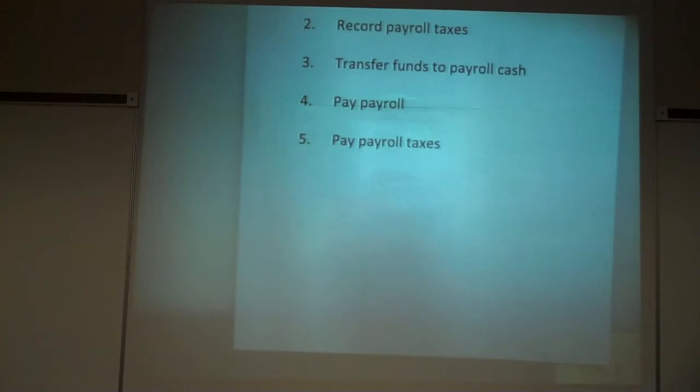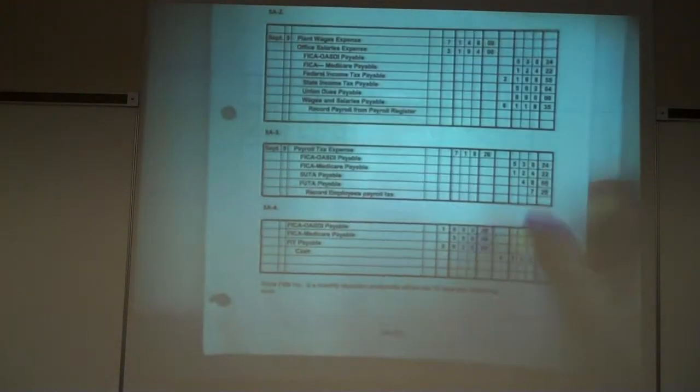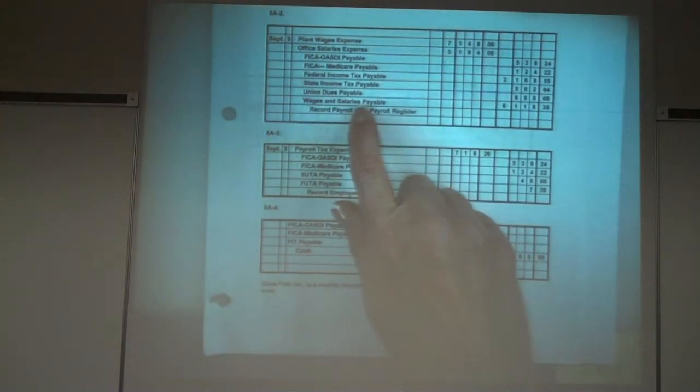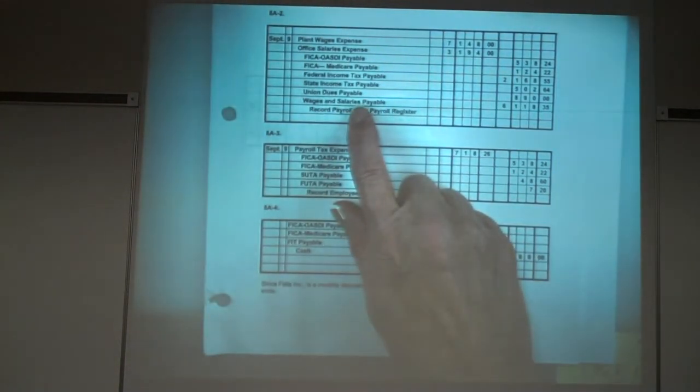The 4th one is to pay the payroll. I don't have an example of that transaction either, but what would be our debit when we're paying the payroll? Wages and salaries payable. This amount right here. And our credit would be Cash, Payroll, and it's not the regular cash, it's the payroll cash.